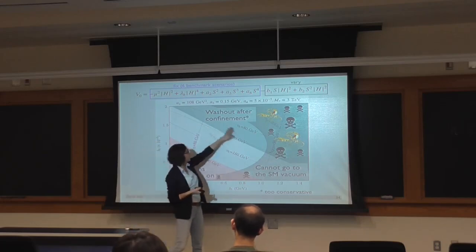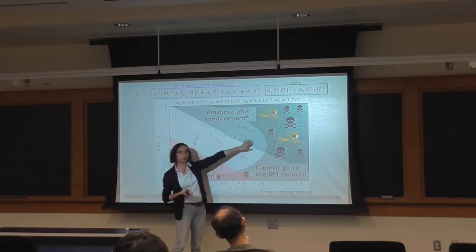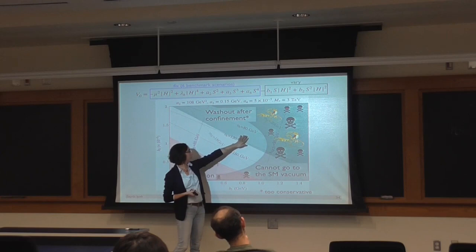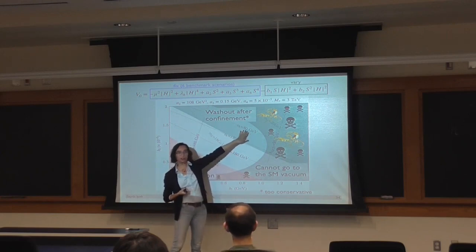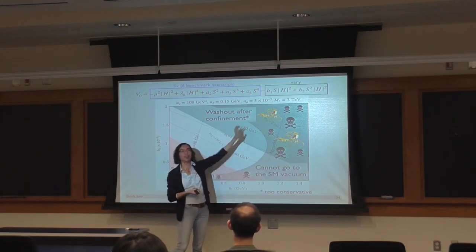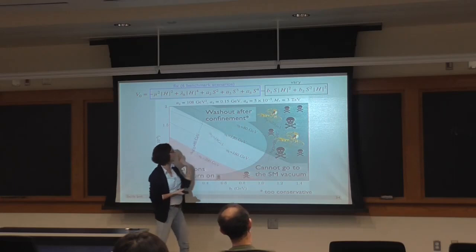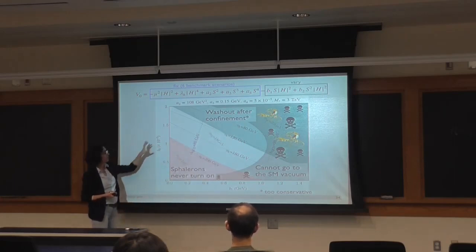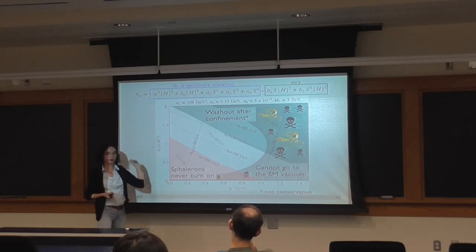So this is a dangerous region, but there's an asterisk, because this is too conservative a bound, since we haven't calculated the washout factor. We just put the strongest constraint, which can be too conservative. So we might be able to go more into this blue region. But in this white region, everything works out perfectly, and we produce the baryon asymmetry of the universe.